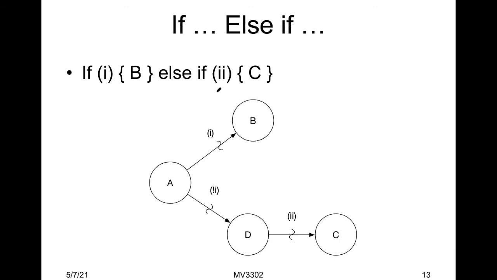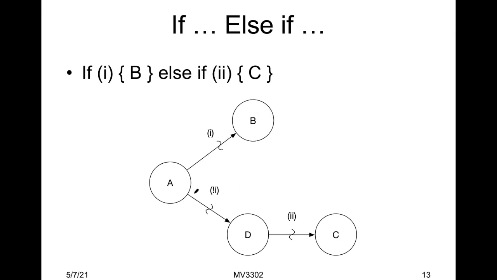Now, what about an else if? So let's say I wanted to model something like if I, then B, else if II, C. Here's how I would do that. I would create another event D. So here's if I, then B. That should be straightforward.